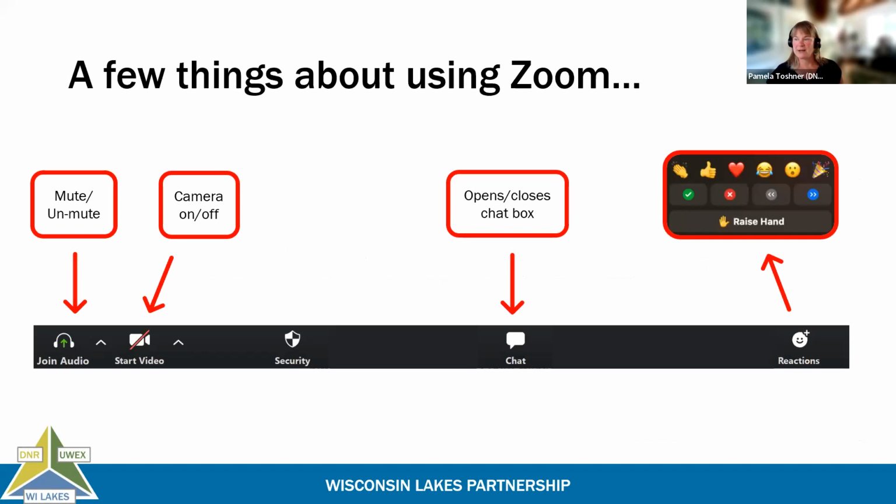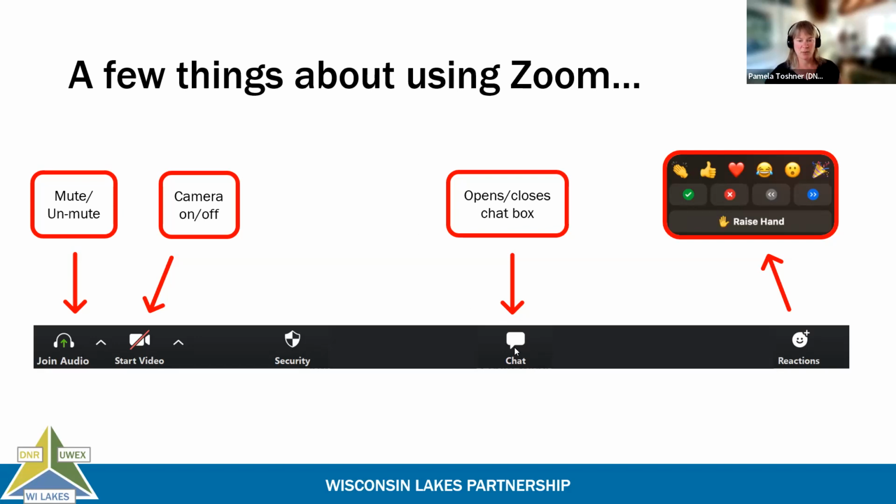Before we get started, just a quick few things about using Zoom. On the bottom left, and you all did it when you introduced yourselves, you can mute and unmute yourself. You can turn your camera on and off. During discussion, it's often nice to see people's faces because it feels more like a personal meeting.